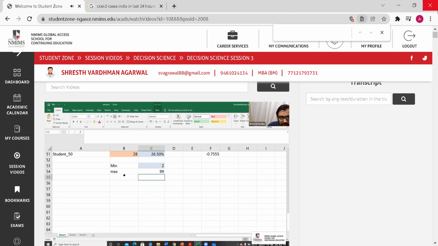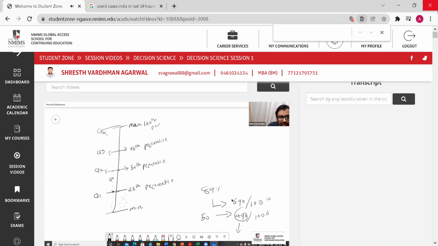In 2 to 99, 2 is the minimum and 99 is the maximum value. Now I want to find out quartile 1. How many students may fall in quartile 1?